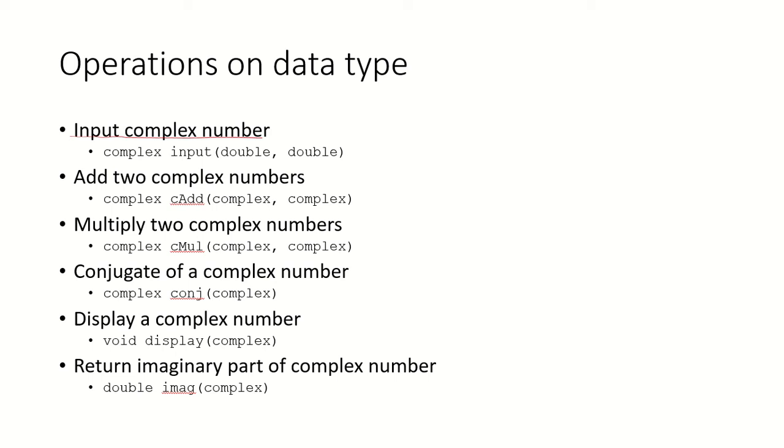That means if I am given two parameters over here of double type, then I should be able to create a complex number out of it. So suppose the user enters 2 and 3, then I should be able to return 2 plus 3i, which is the real part and the imaginary part over here.